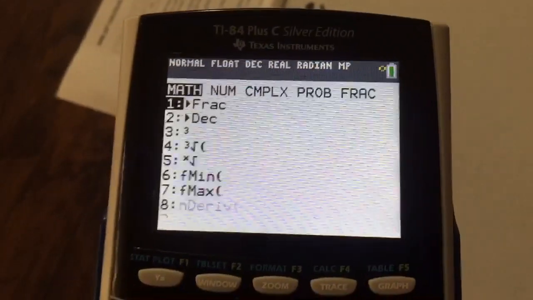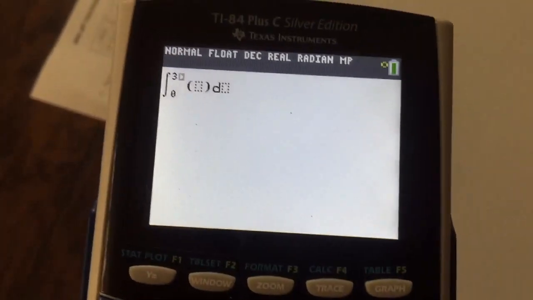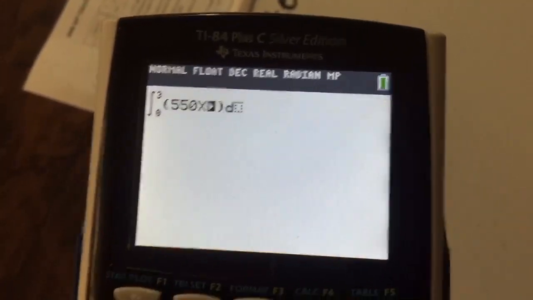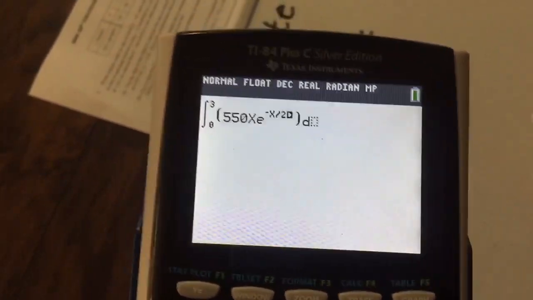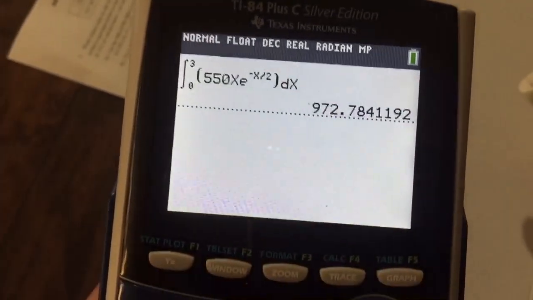To find the number of tickets sold by 3 p.m., we use an integral from t equals 0 to t equals 3. Using the given function 500t, well in this case x, times e raised to the negative x divided by 2 times dx.